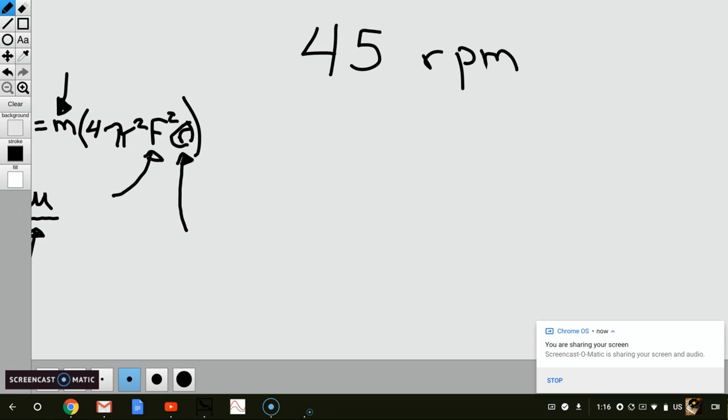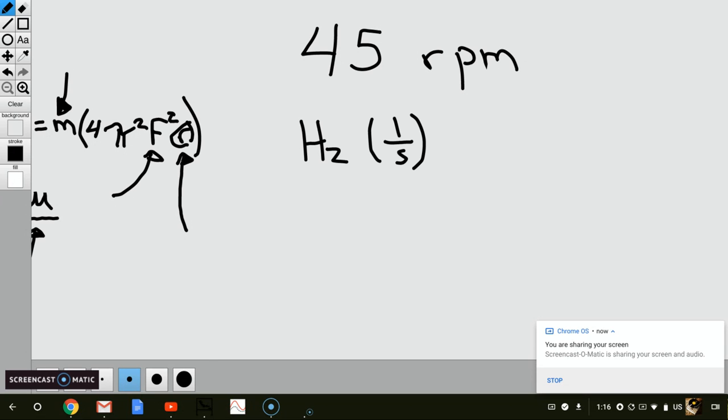Now, the problem with this is that RPM are not MKS units. Our MKS units, if you remember, are hertz, which is an event per second. In this case, that would be revolutions per second.